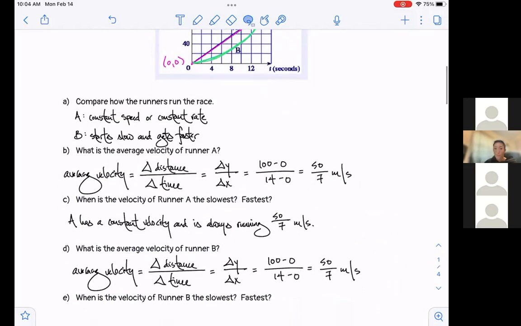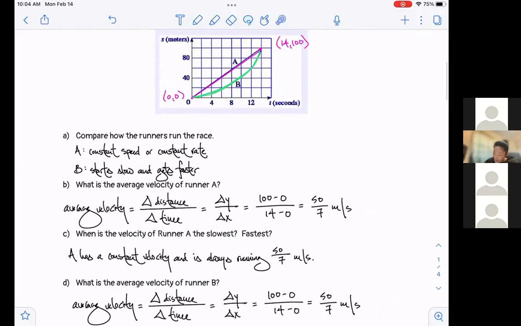But the reason we can do that is because they both start and nobody's running, right? At the 0 second, the time we started the clock, they're both on the start line. And at the time we stop counting, they've both traveled 100 meters in 14 seconds.